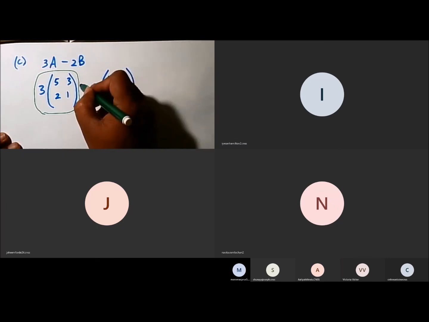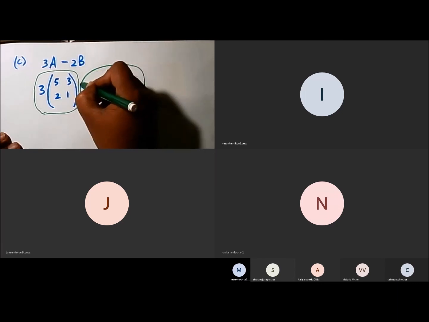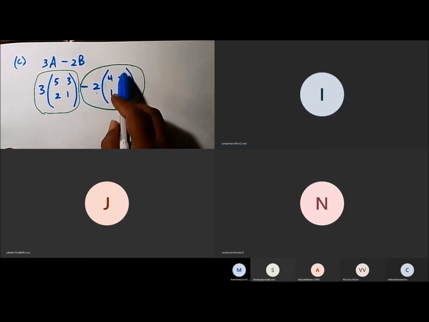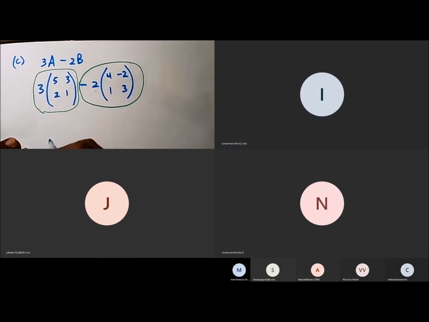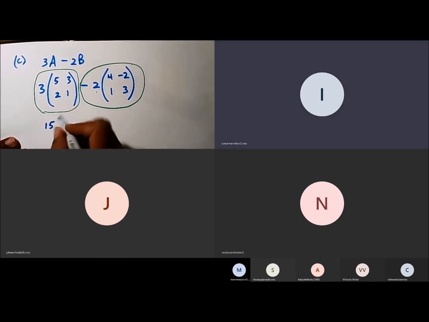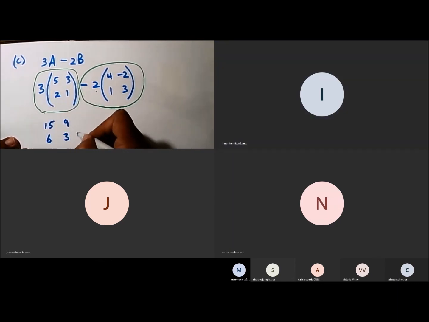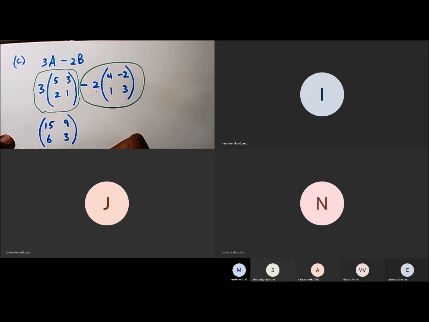And we will have to work out this piece. You remember how we used to say that minus sign belongs to the 2. So don't forget it's a minus 2 times in by those things. Okay. 3 by 5 is 15. 3 times 3 is 9. 3 twos are 6. 3 ones are 3. All right. In fact, that was the same answer from part A. We could have just written it down.